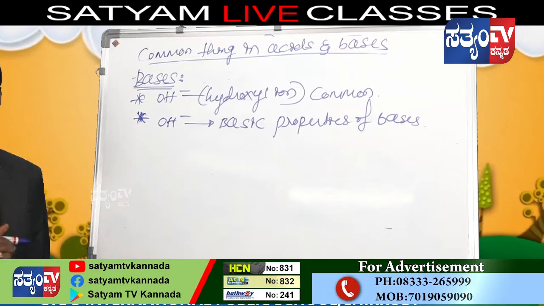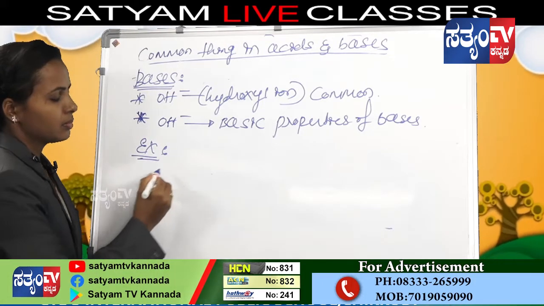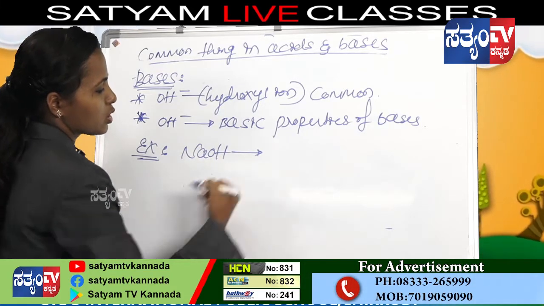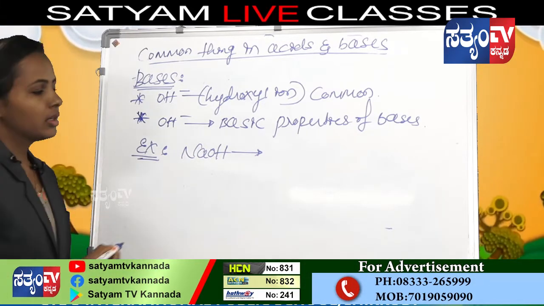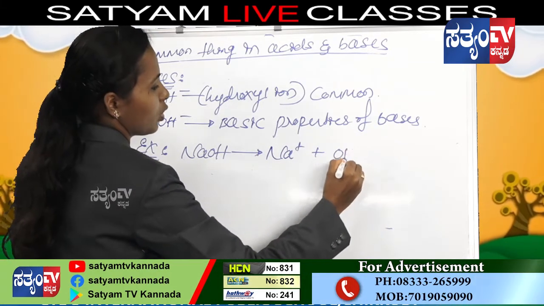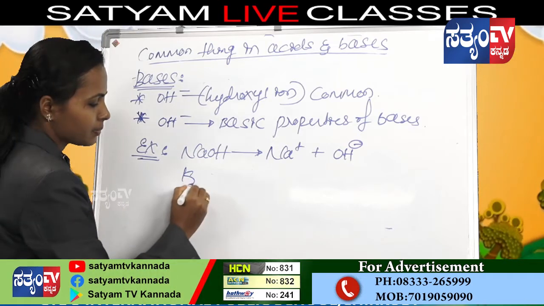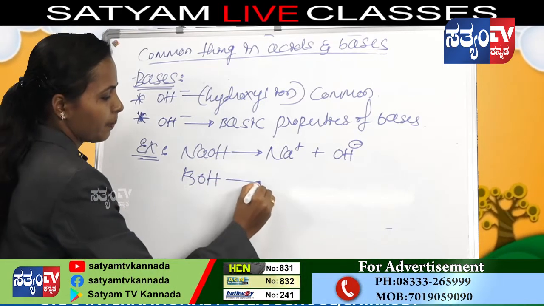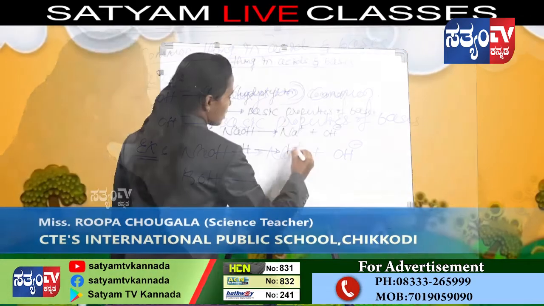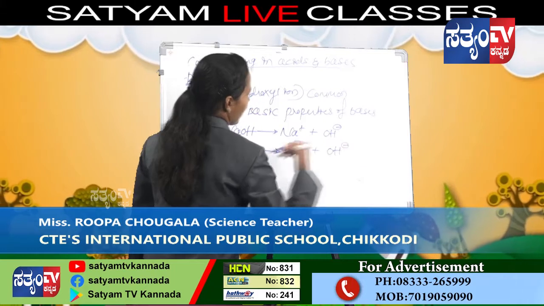Here, consider some examples. NaOH, sodium hydroxide, gives Na plus and OH minus. Second one, KOH, potassium hydroxide, gives K plus and OH minus.